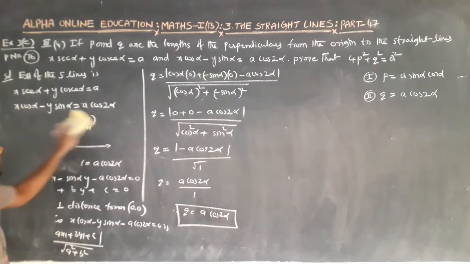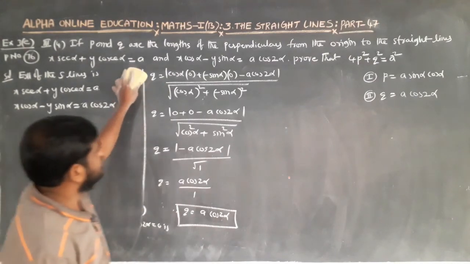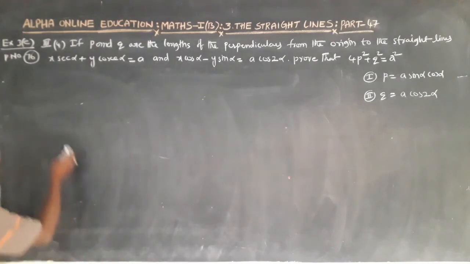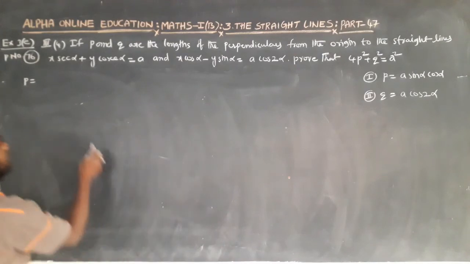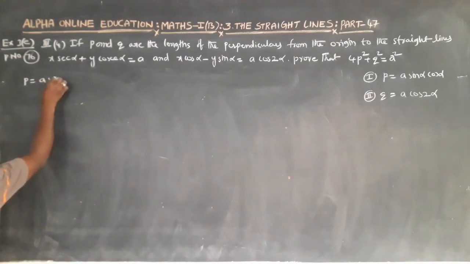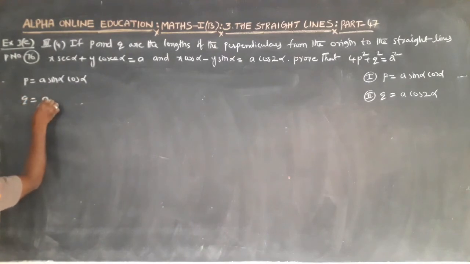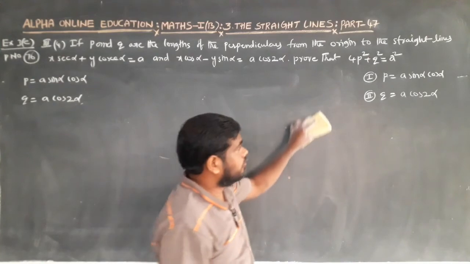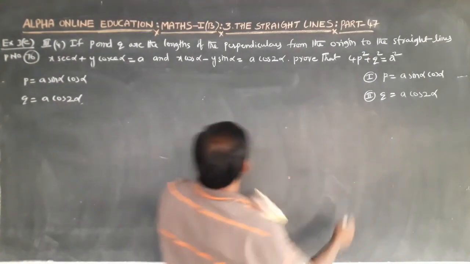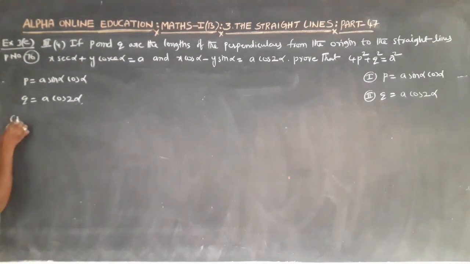Again, find the LHS value of 4p square plus q square. Here p is equal to a sin alpha cos alpha, and q is equal to a cos 2 alpha.